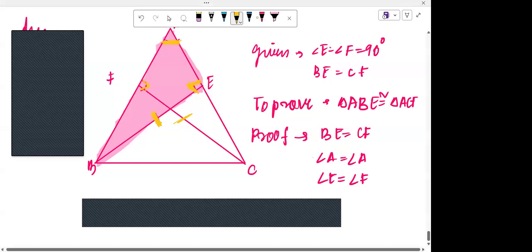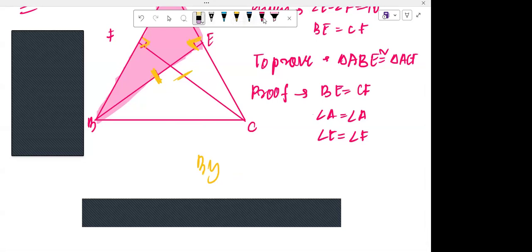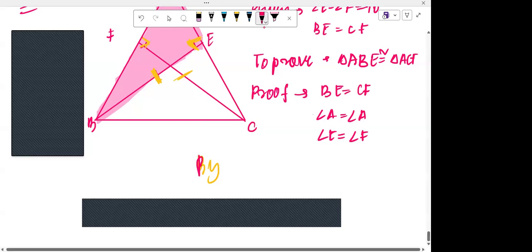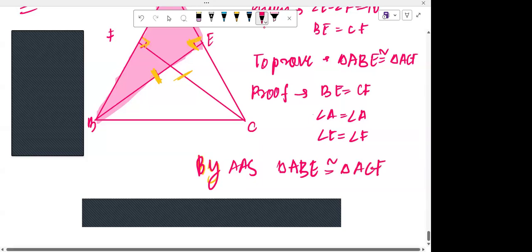Yes, ma'am. So you have by AAS, triangle ABE is congruent to triangle ACF. Okay, so this is the first point of the question.